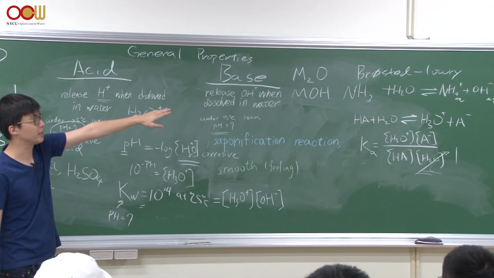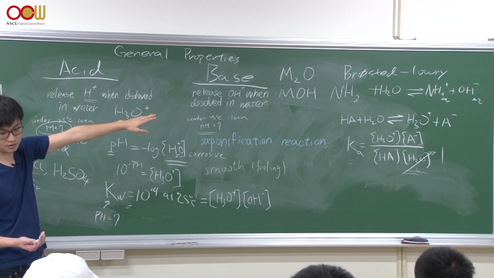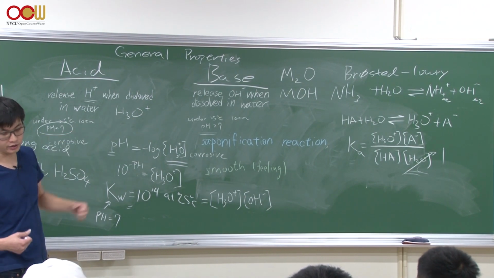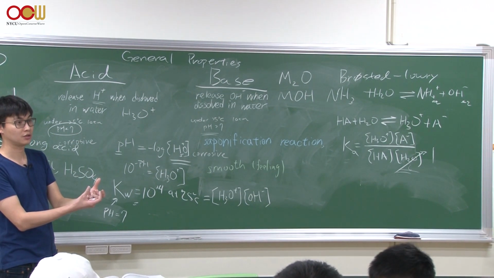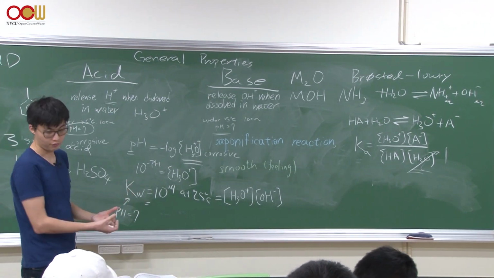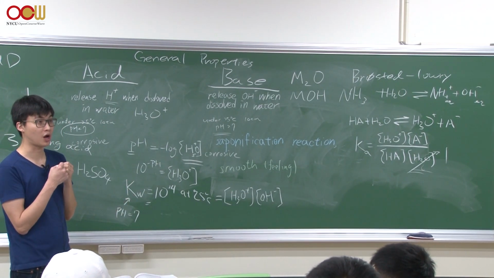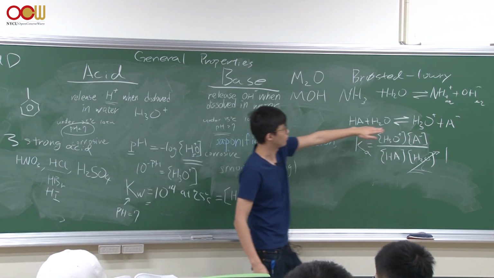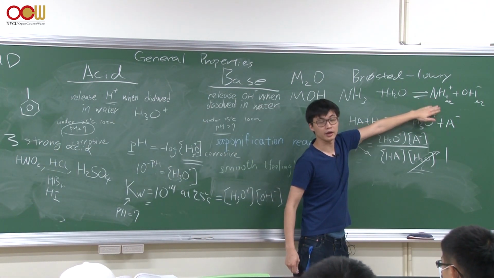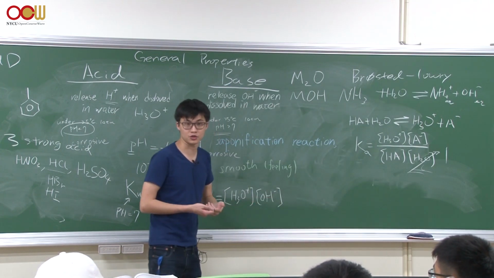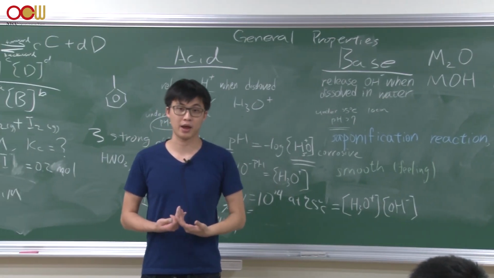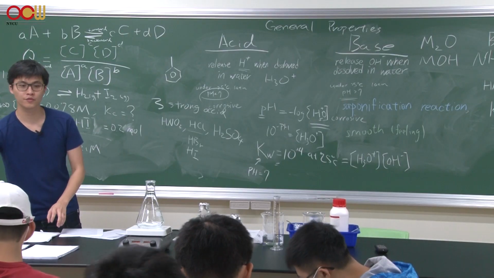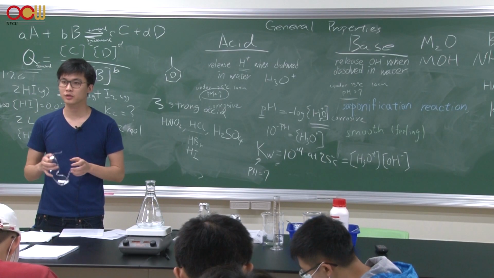Bronsted-Lowry's definition is that it donates or accepts protons, okay? So an acid donates a proton to water. A base accepts a proton from water. That makes sense? Accepts a proton, okay? And when we talk about the Lewis definition, it's about electron pairs, and we'll talk more about it next period.